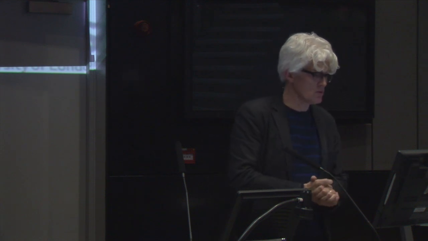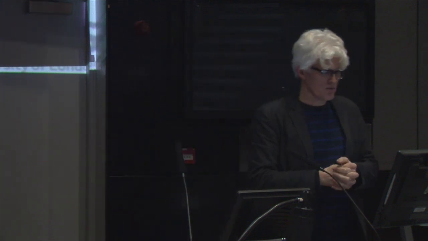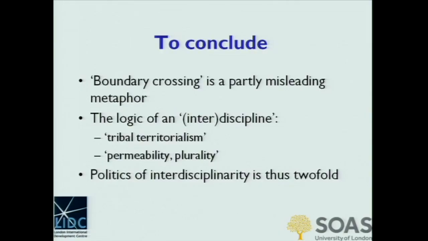Okay. To conclude, I want to end with something a little bit more confusing, in a way, confusing you. Boundary crossing, which is my central metaphor, is a partly misleading metaphor. And why is that? Because the crossing of boundaries to create new fields of study is actually also an act of boundary creation.